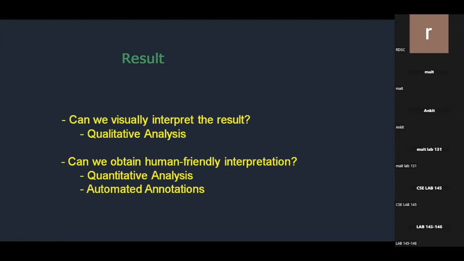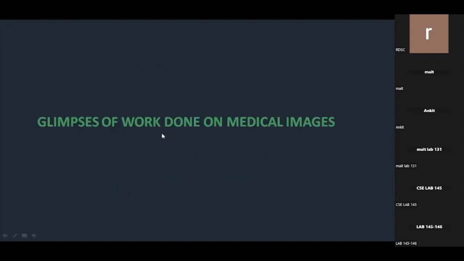While with a human-friendly interpretation and some automatic annotations, we can have a quantitative analysis, where some quantity or value is there, and we can use that aspect as well. Now we will move towards some of the work done.